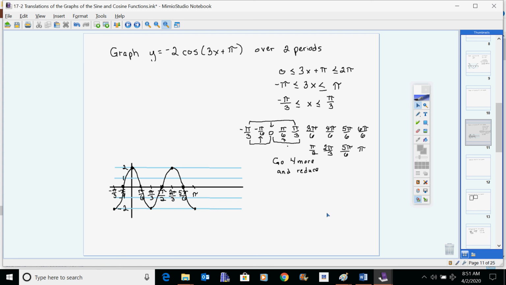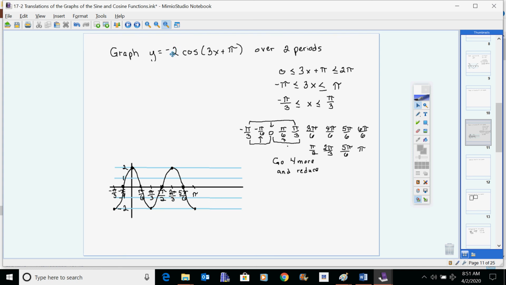And if you need to go back and rewatch some of that, that might be a good idea, because this is new. This is something that you will get good at, but you've got to make sure you're paying attention to all the details. Once again, a negative means that whatever your base function is flips upside down.